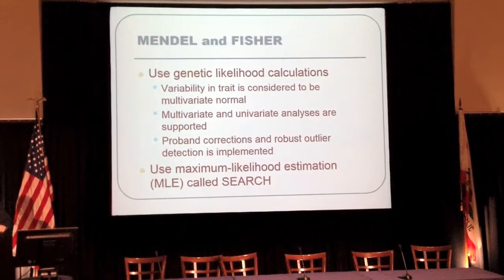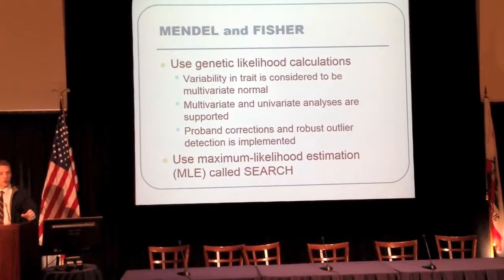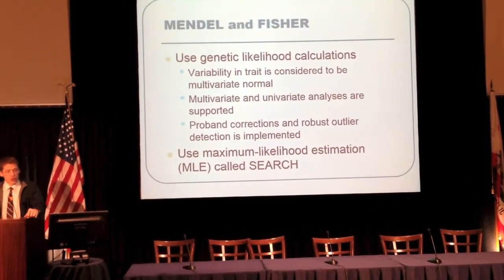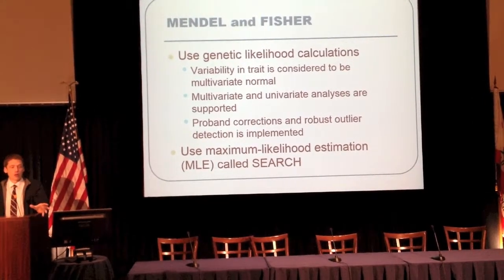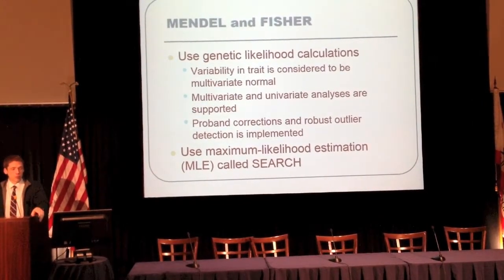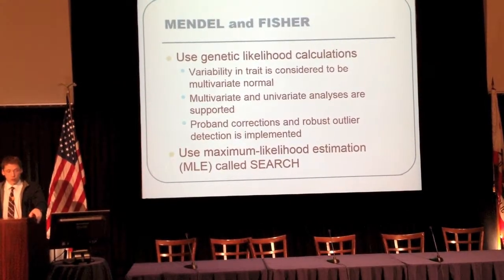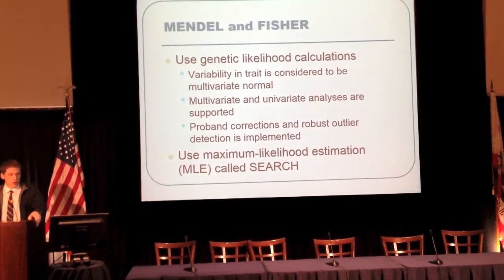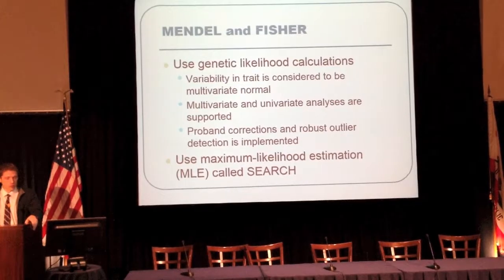So Solar basically took the functionality of Mendel and Fisher and combined them for the use of genetic likelihood calculation. It assumes that the variability in a trait is explained by multivariate normal distribution, and therefore it supports both multivariate and univariate genetic analysis. Also does proband correction and robust outlier detection.